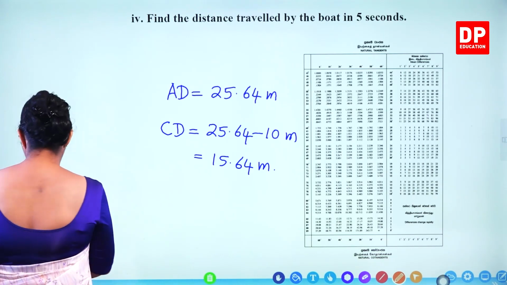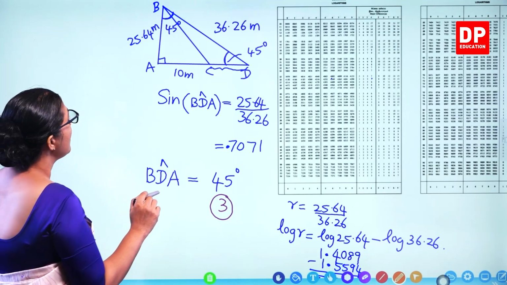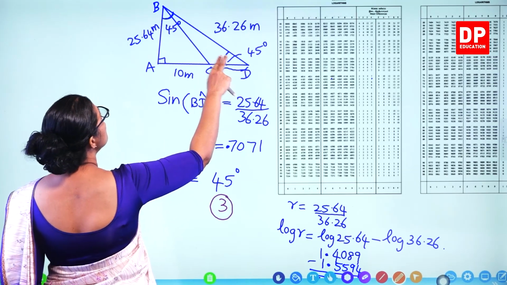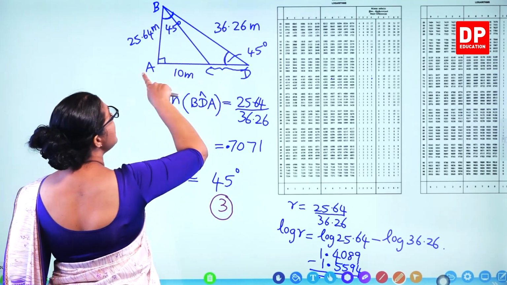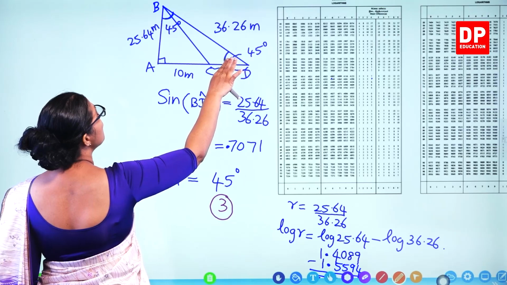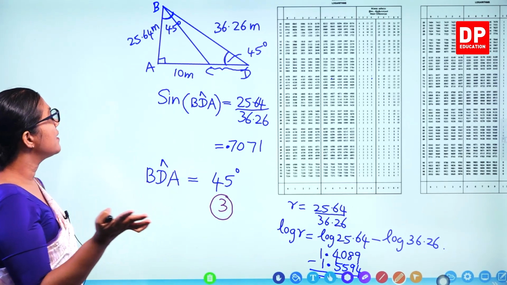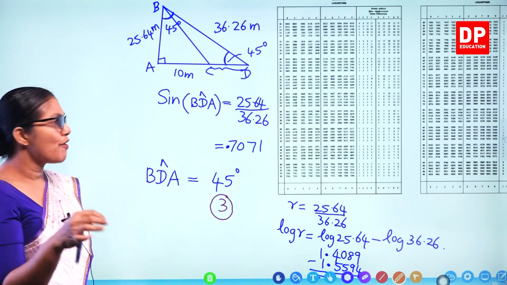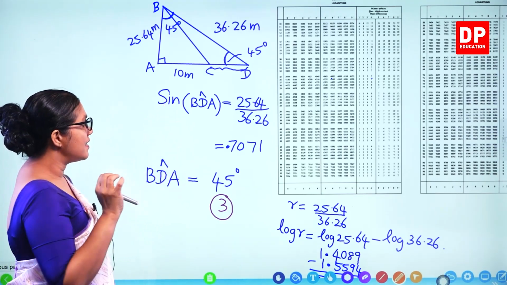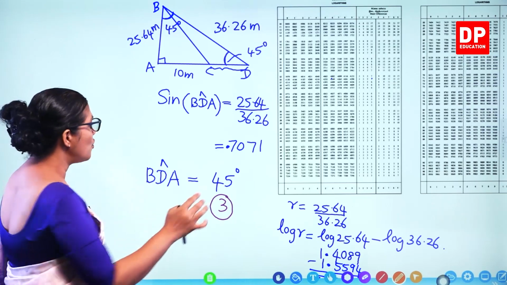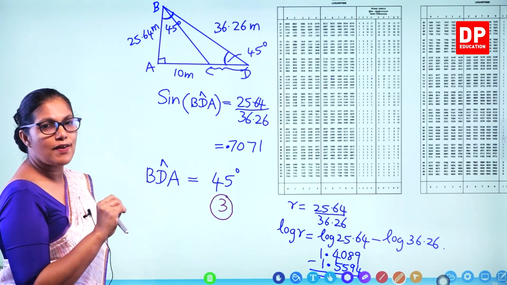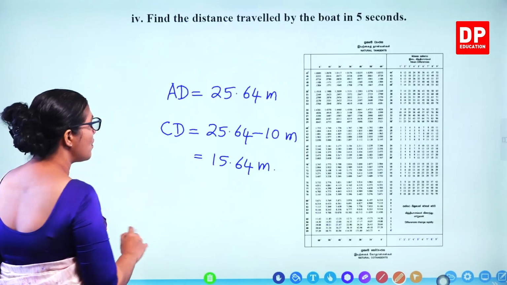Otherwise, if this is 45, you have to find out the AD length using tan 45, this divided by this. So after you get the AD length, you can subtract 10. But the easiest way to do this is using the 45-degree angle. So you don't need to refer to the table.